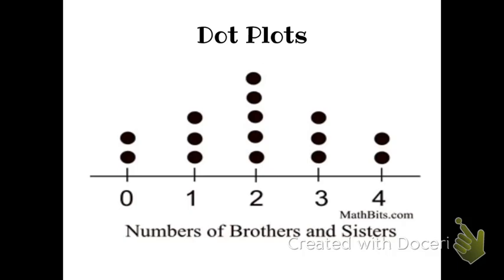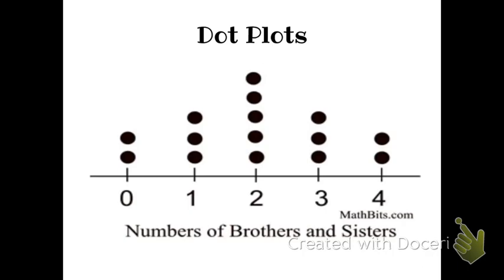Okay, how about this? What if I asked you, what is the range of these numbers? What is the range of brothers and sisters? Nobody here knows? Okay, I'd like you to raise your hands. What is it? The range.